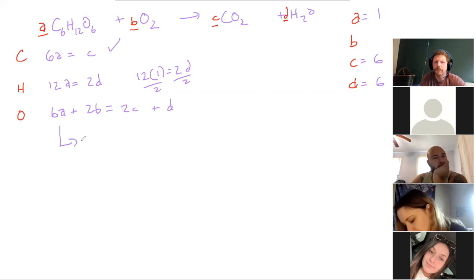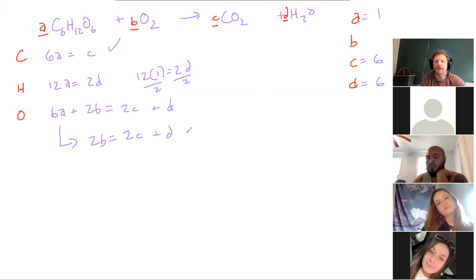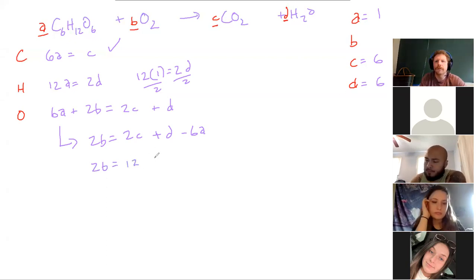Now, 6A plus 2B equals 2C plus D. Well, I want to isolate 2B and put the B by itself. 2B equals 2C plus D, minus 6A. So 2B equals 12 plus 6 minus 6.